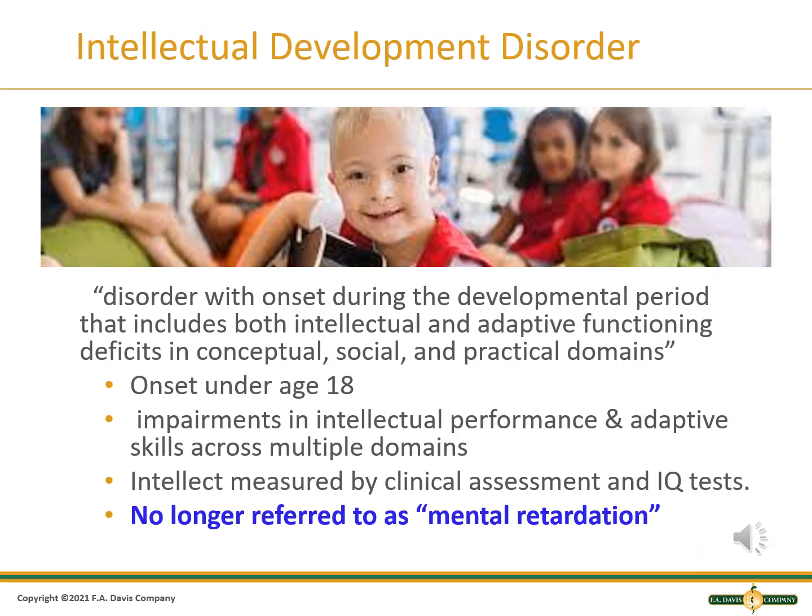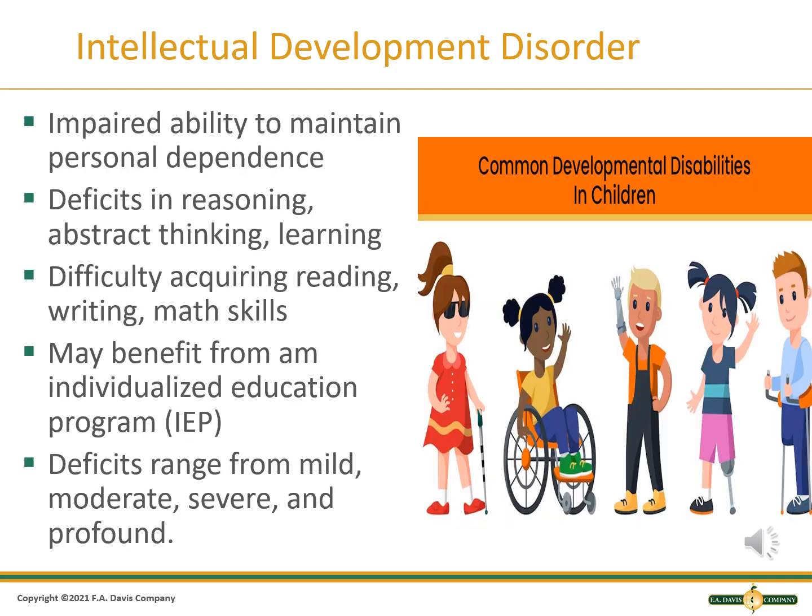Please note that intellectual disability, once called mental retardation, is a disorder with onset during the developmental period that includes both intellectual and adaptive functioning deficits in conceptual, social, and practical domains. The incidence rate in the general population is about 1%. Intellectual development disorder affects children's ability for self-care, with noticeable deficits in reasoning, learning, decision-making, and abstract thinking.